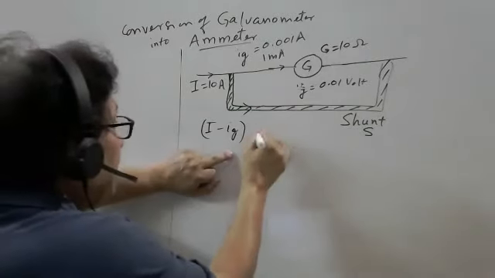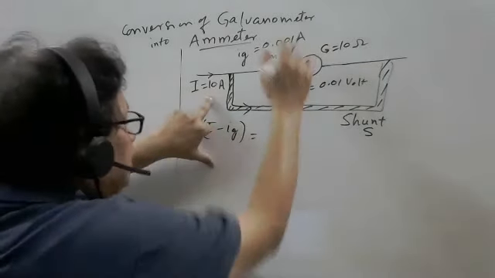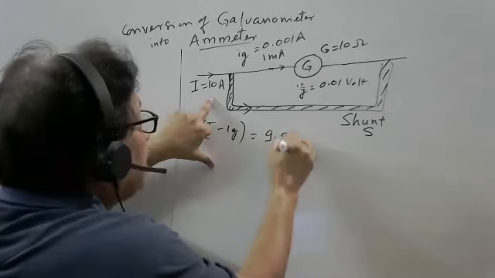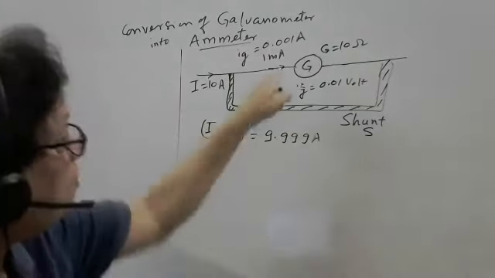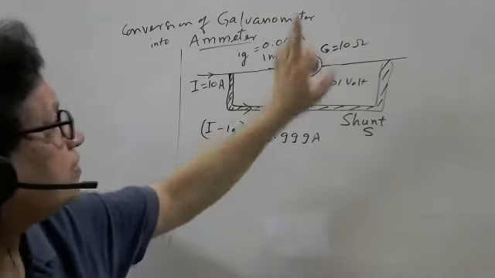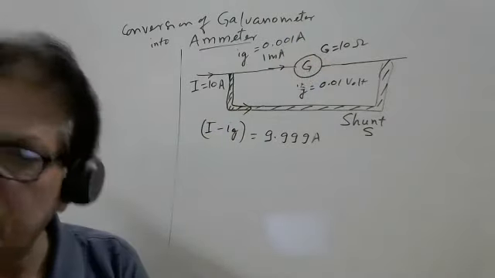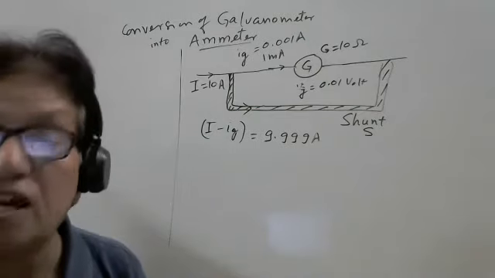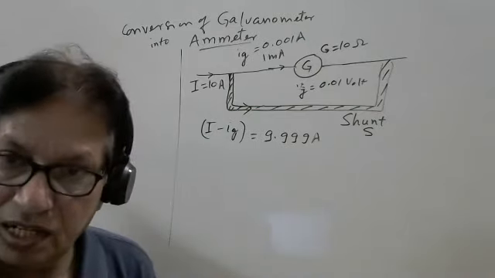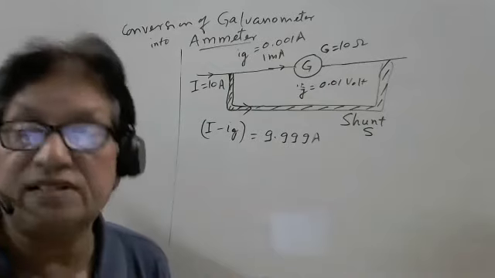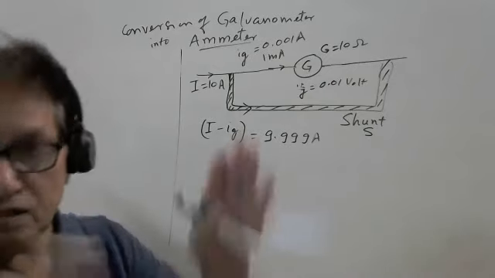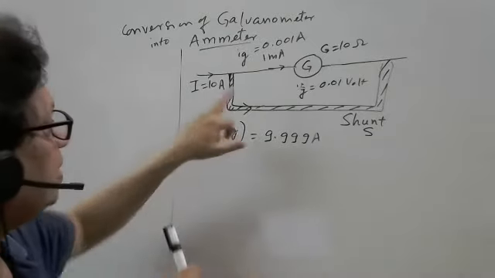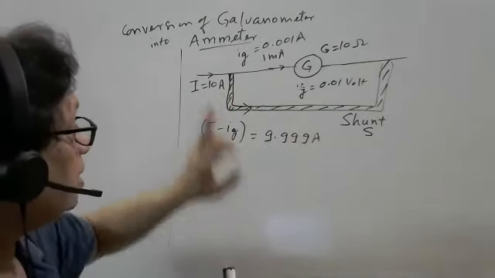Numerically 10 minus 0.001 is 9.999 ampere passing through the shunt, and only 0.001 ampere passing through the galvanometer coil. This way the galvanometer is safe. Now because of father, she is always safe. Feel happy. Got it now?